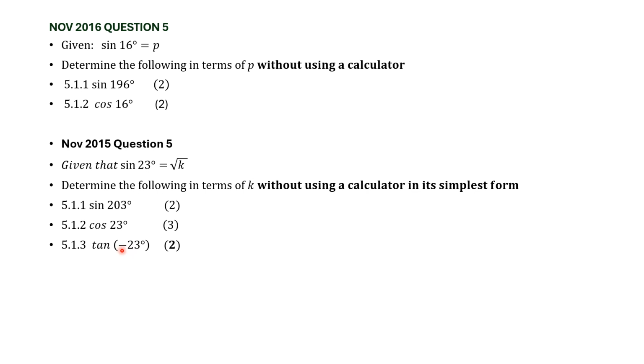So I specifically chose these two to show you that sometimes they give you the variable and sometimes they give you the square root of the variable. This slightly changes certain things that we're going to find. So we're either going to be tested straight out, just given one variable, or the square root of the variable. Right?